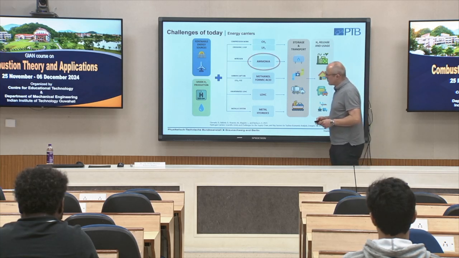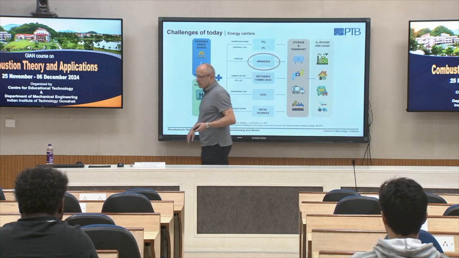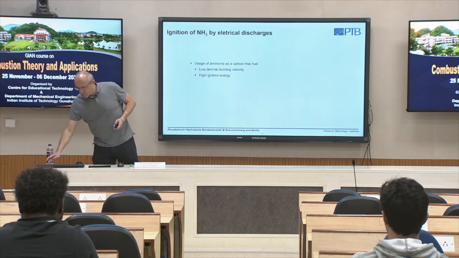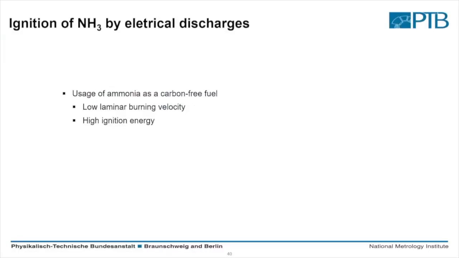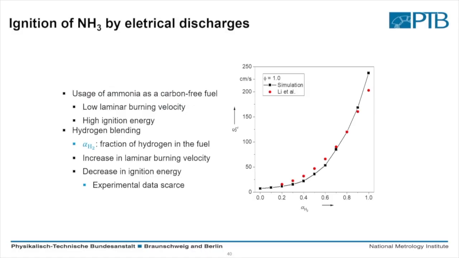And so this we also have already seen. So ammonia itself has a very low burning velocity. So the laminar burning velocity is 6.5 centimeters per second. We need a high ignition energy, and the concept here can be to blend ammonia, for example, with hydrogen.